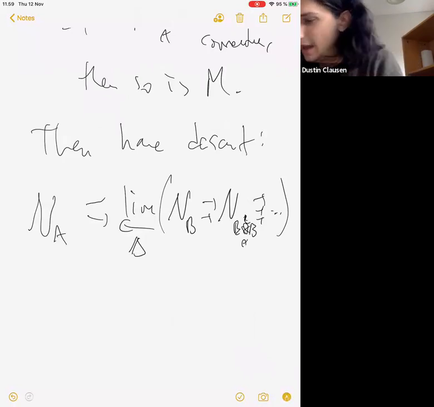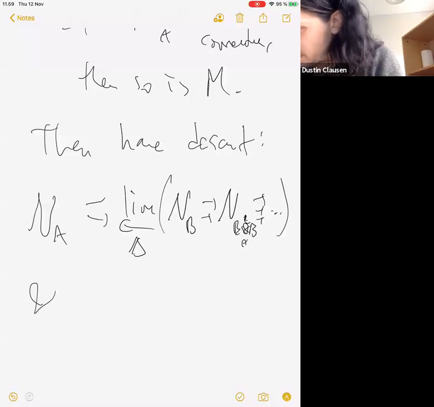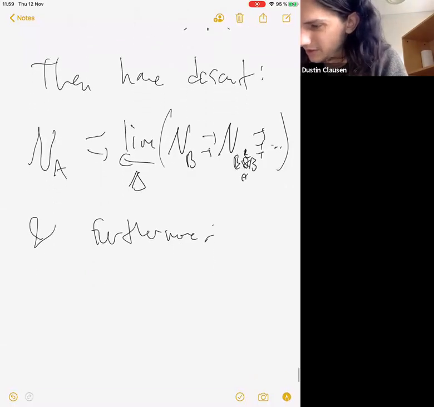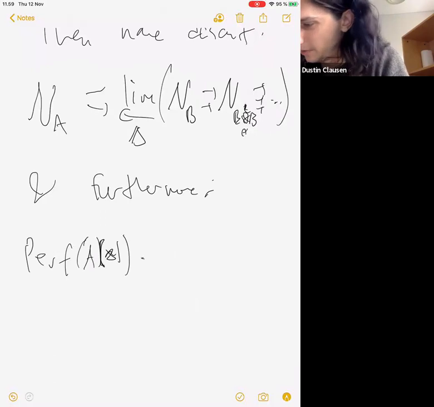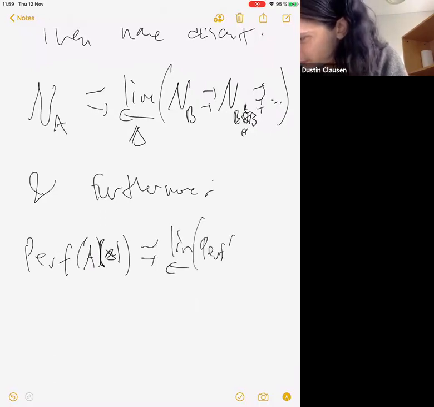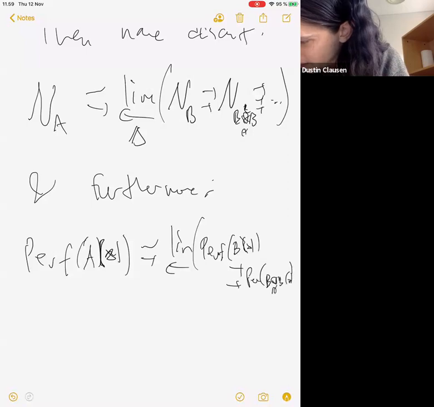Right. And furthermore, you can extract some more concrete consequences from this result. So if you're only interested in the underlying discrete ring, so Perf A evaluated on the base point, you also get descent for perfect complexes: Perf B evaluated on the base point, Perf of B tensor_A B evaluated on the base point, and so on.